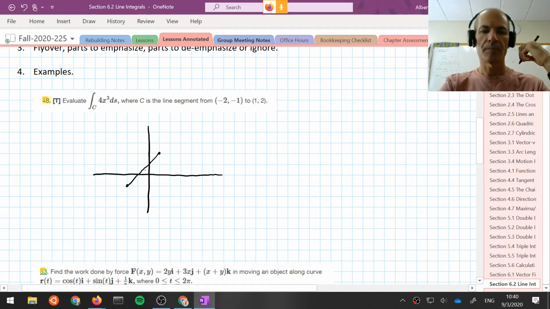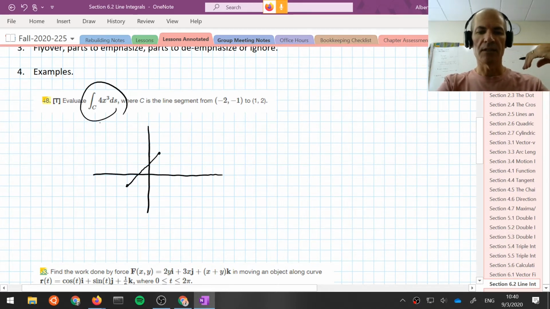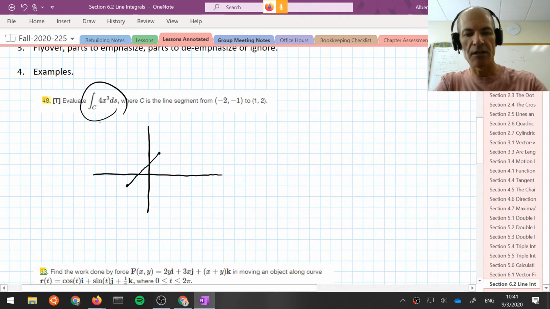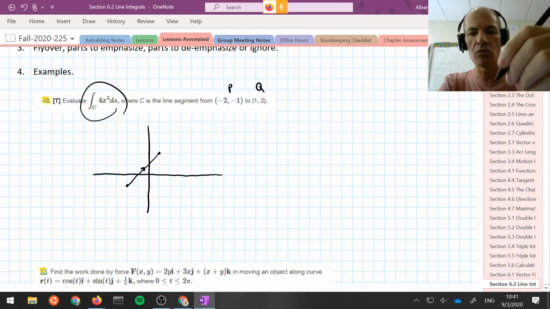All right, so we're talking -2, -1, up to 1, 2. Looks like that. All right, remember that this is just symbolic. We can't evaluate this as it is. We've got to come up with a parameterization of the curve. So let's do that. There's a lot of different ways that we can go about this, but I think the easiest thing is to use the PQ method and generate the equation of the line from way back in chapter 2.